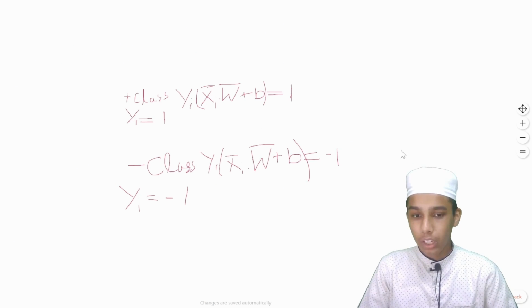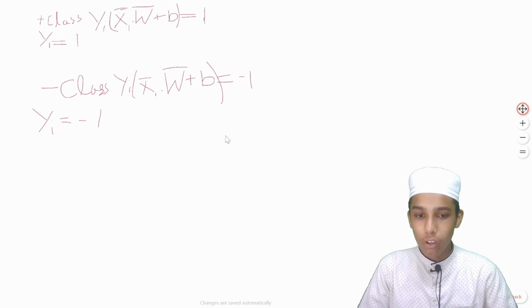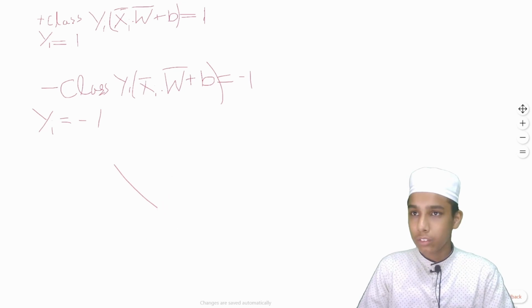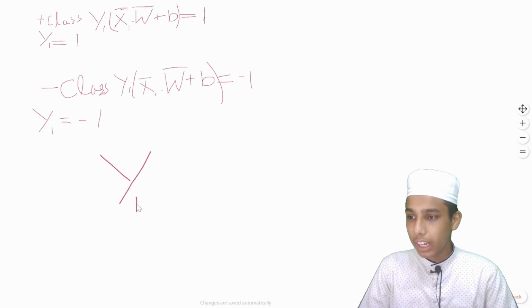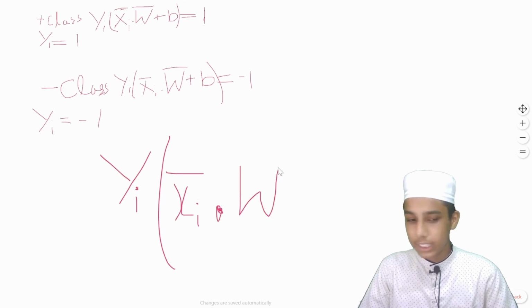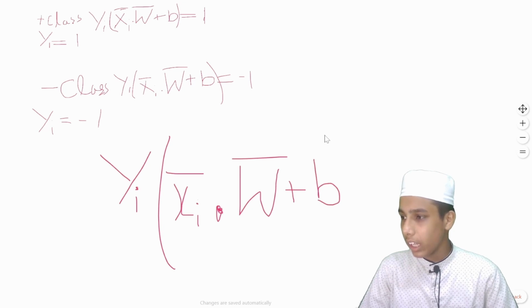Now let's give it as y sub i, then in the brackets I am going to use x sub i, and then multiply this with w, and we have the plus b.